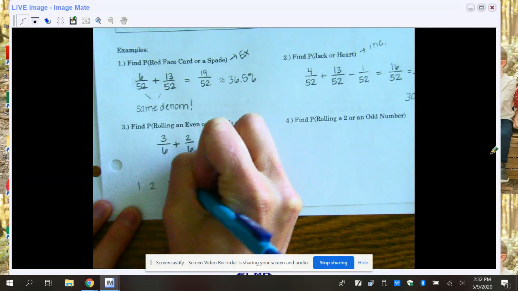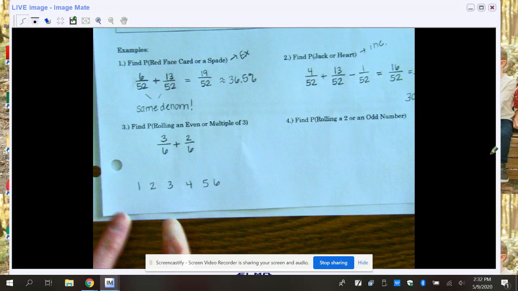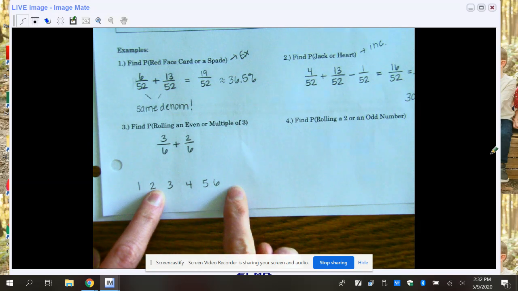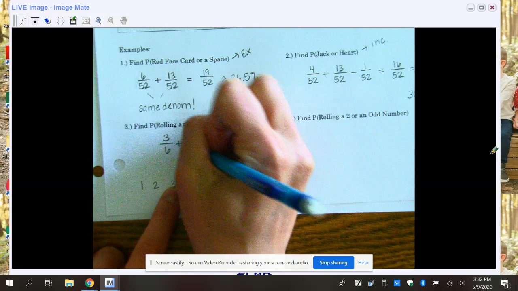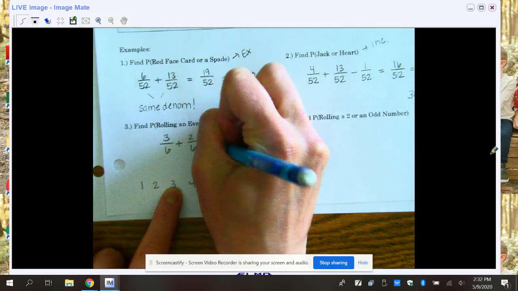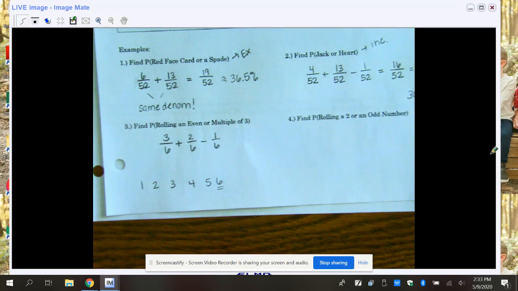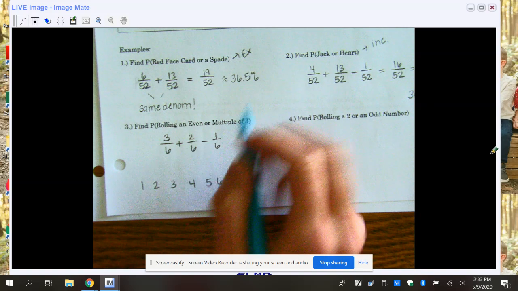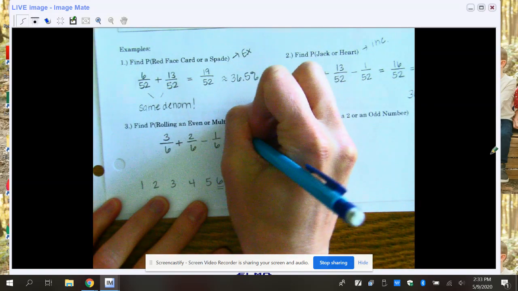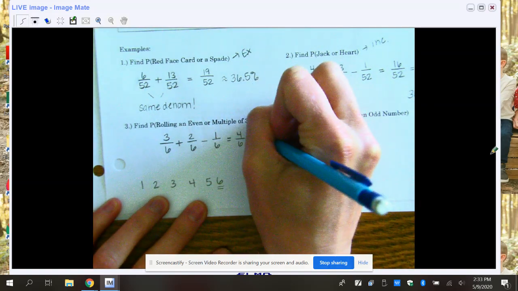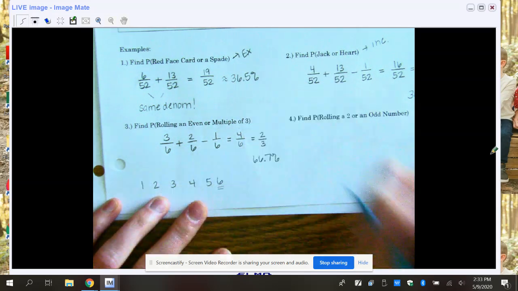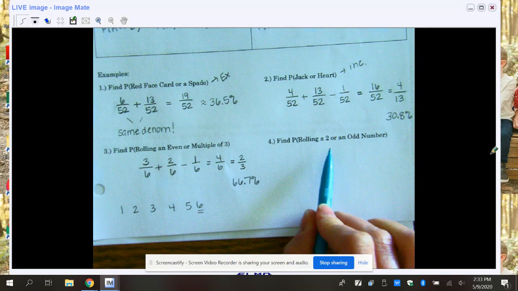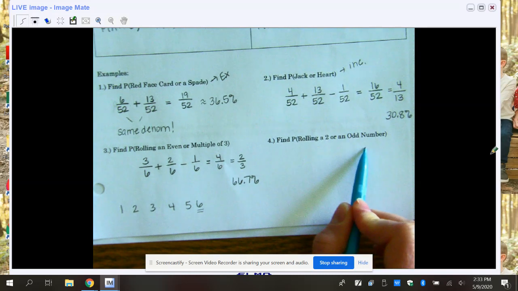But if we list everything out down here again, my evens were 2, 4, and 6. My multiples of 3 were 3 and 6. So that 6 was counted twice, so we have to make sure we subtract that out. And so when I do 3 plus 2 minus 1, I get 4 out of 6, which is 2/3, or 66.7%.